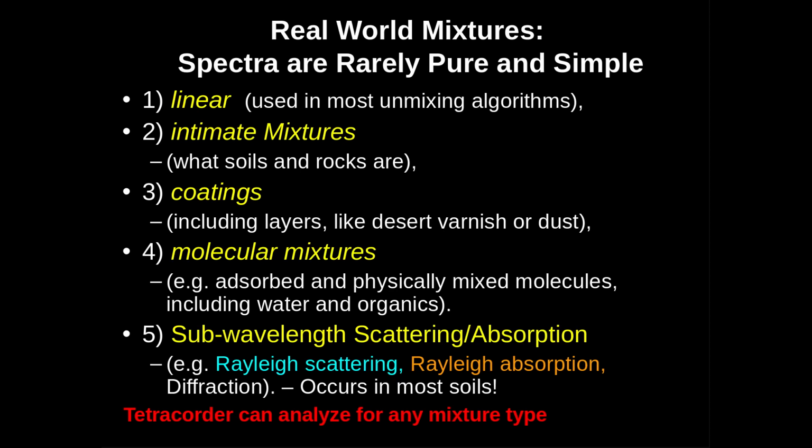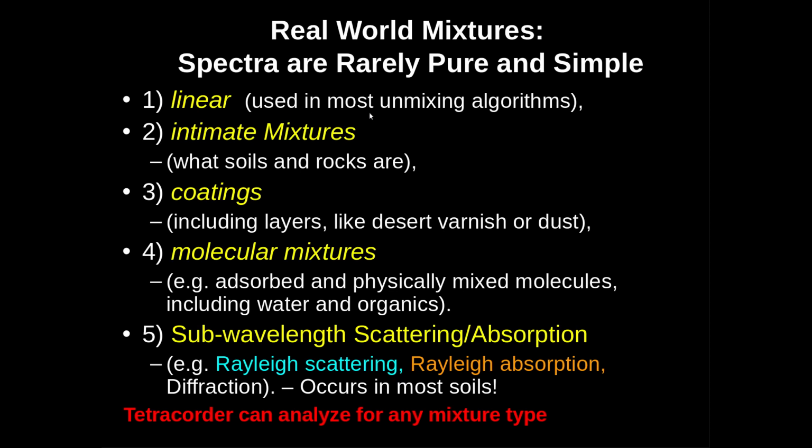So a lot of remote sensing programs that try and search for materials usually do simple things. They often do just a linear unmixing, and that isn't always appropriate because the real world is more complex.